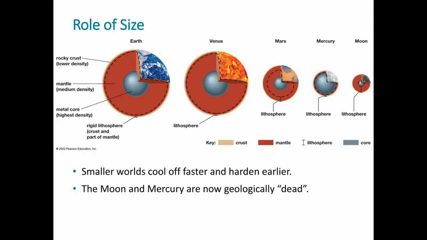And then Earth, of course, is still very geologically active. So not only do you need all of your different materials with different densities, but you need whatever mass your planet started with to be fairly high in order to maintain geologic activity.